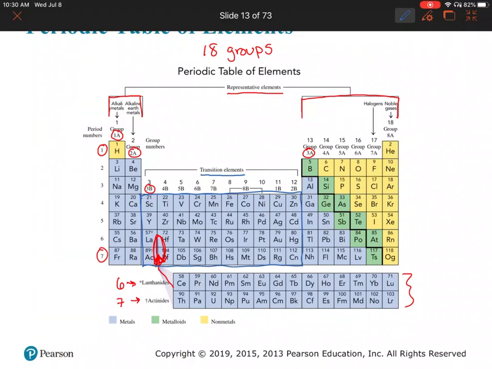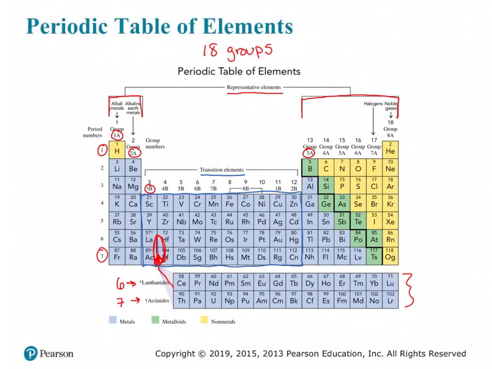Now, transition elements are kind of their own set of elements. They're very complex, and they don't really follow patterns, but the representative elements do follow nice patterns. So we tend to kind of separate out the representative elements from the transition elements. And this is also why we have two different numbering schemes.